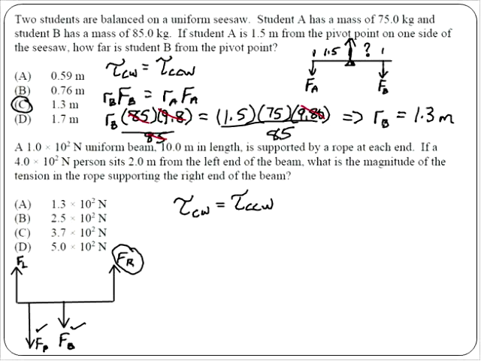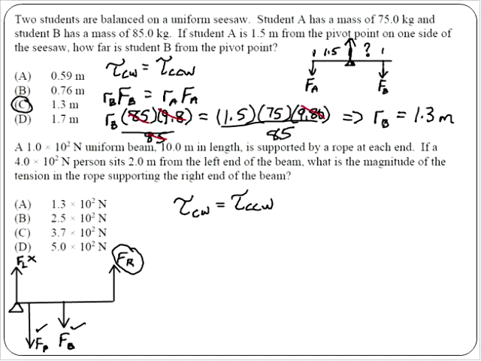So somehow I need to get rid of that guy right there. And that's easy to do because all I got to do for my torque calculation is I put my pivot where that force is. So if I put my pivot right there at the left end, then that eliminates the left-hand rope from the torque problem because there is no torque at the pivot.